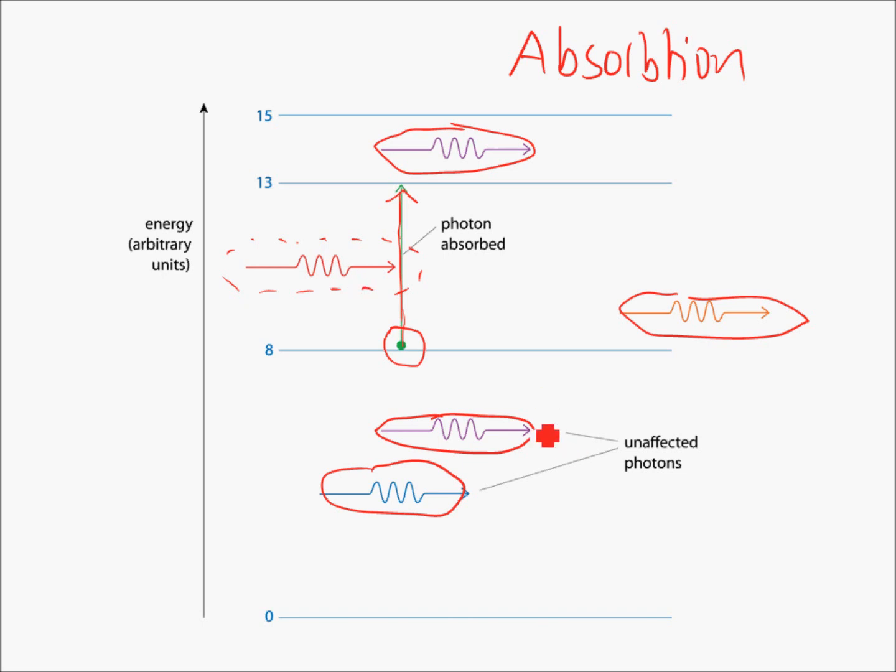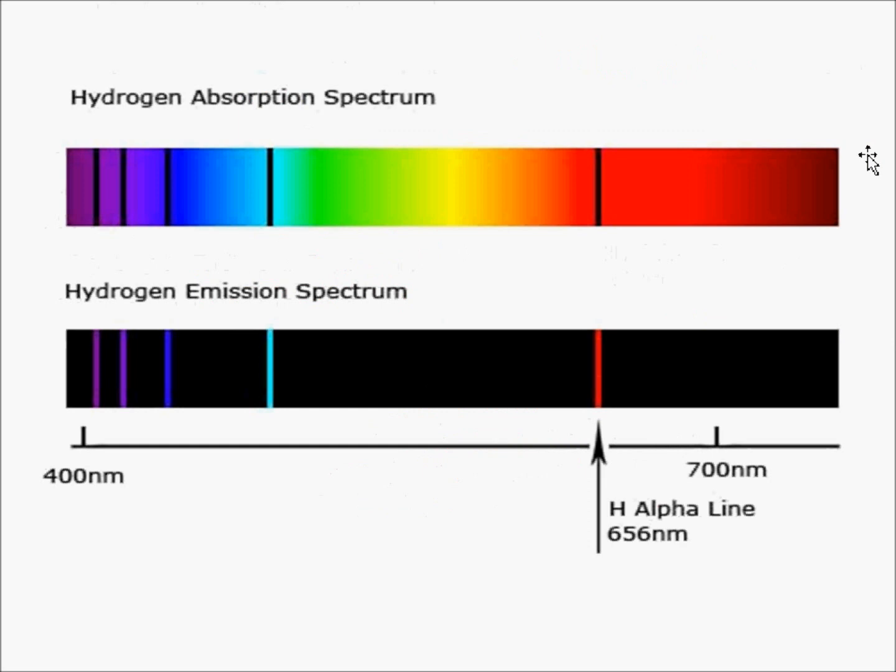They just don't make it through. So when we look at a star and we analyse its light, we then see an absorption spectrum. If we look at our sun, and analyse the light from it, what we notice is that even after we've passed it through our spectrometer, there are certain missing wavelengths.